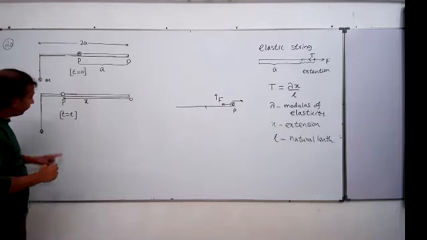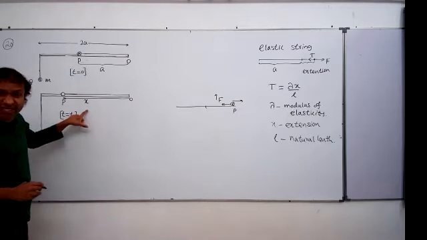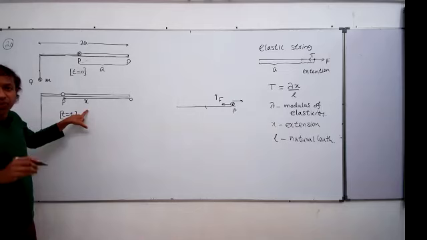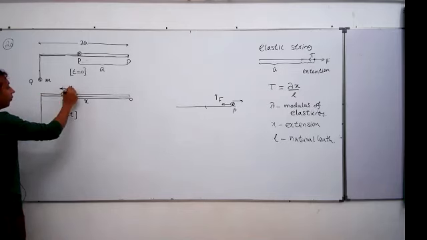If this is time t, the distance to the particle P from O is x. We know in differentiation, we mark the location as x, the acceleration as x double dot, and the velocity as x dot.